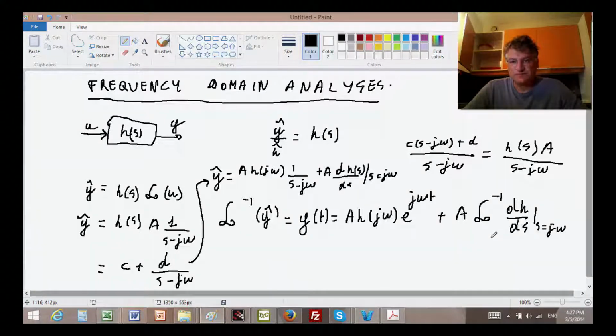Now, this term turns out to go towards 0, and this term is oscillatory.